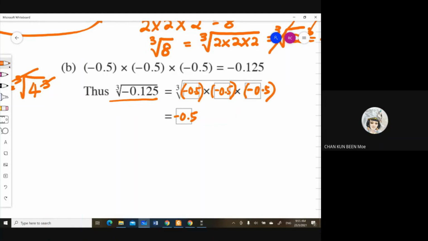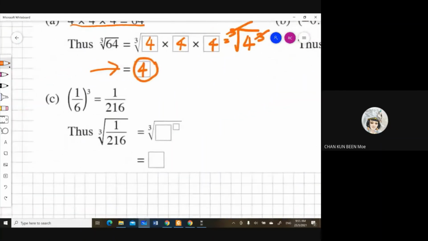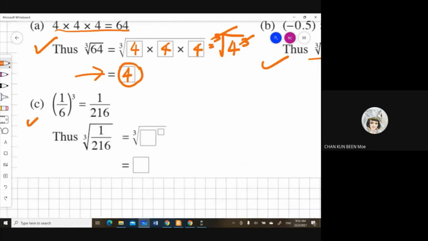Okay, so I continue for question C. Now you have learned the whole number. You see, the first one is a whole number. The second one is the decimal number just now. Now it involves fraction. Fraction is also easy. We know that 1 cube is equal to 1. 6 cube is 216.